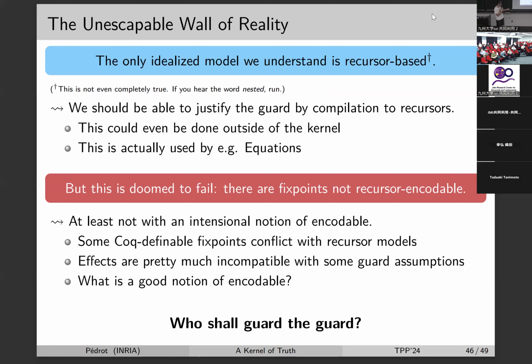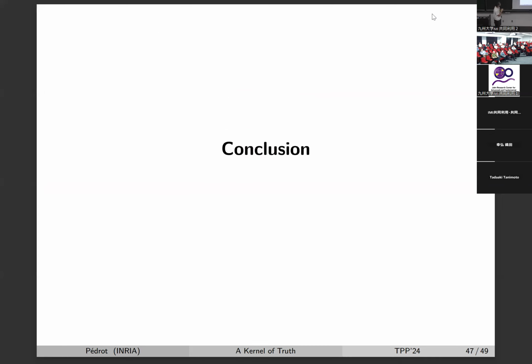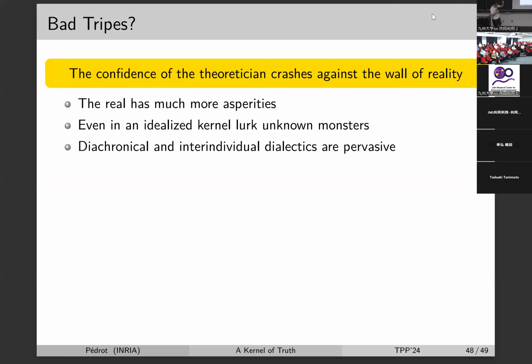Okay, so this is the conclusion of this section: who shall guard? Not me, I hope. Let's conclude right in time. Theoreticians have strong beliefs about the easiness of life. But in reality, there is such a thing as a wall with a lot of asperity.